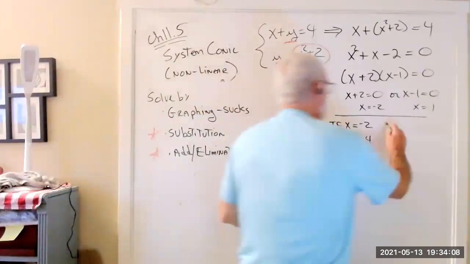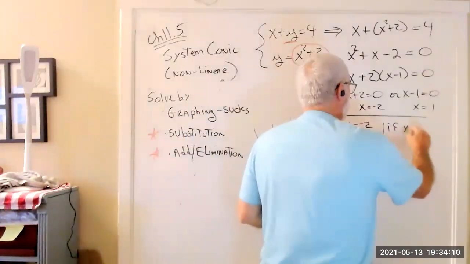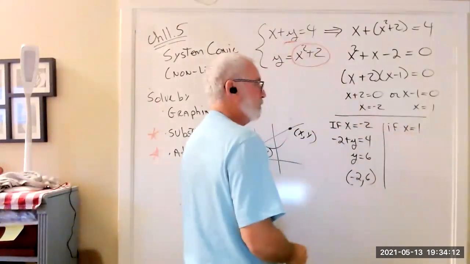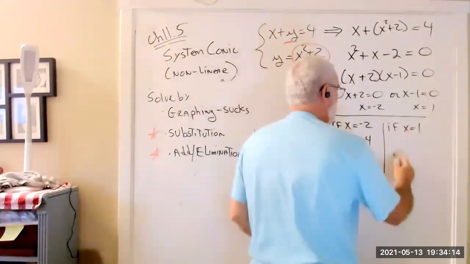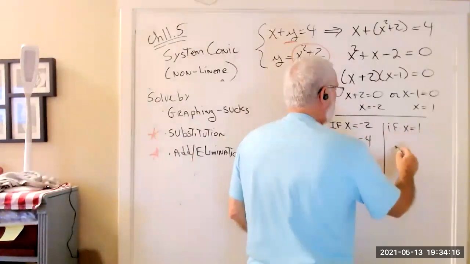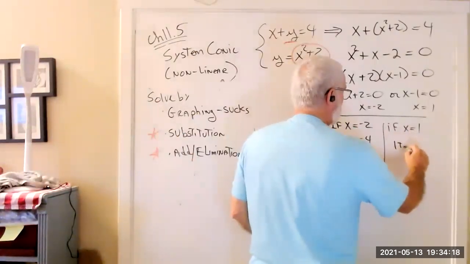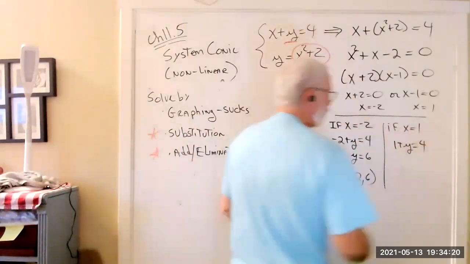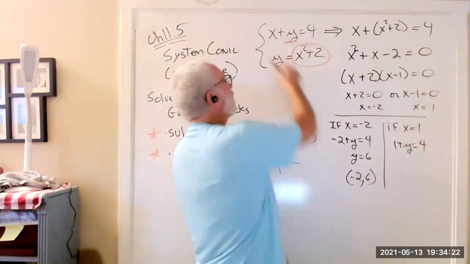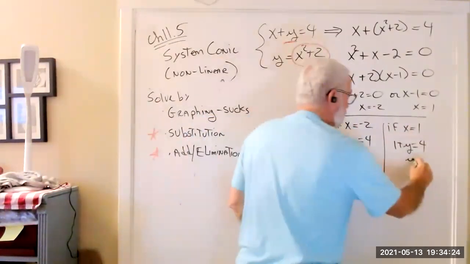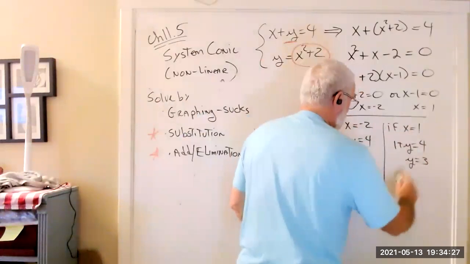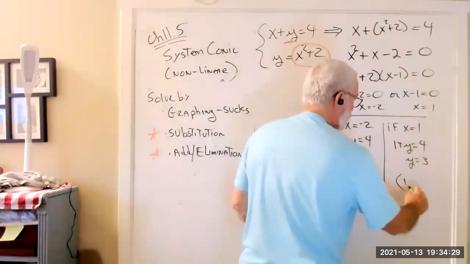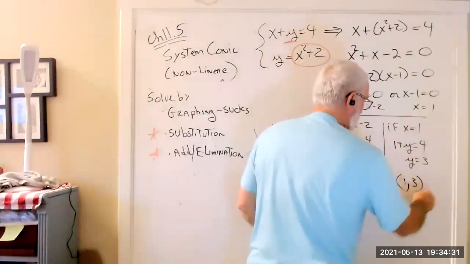But what if X equals 1? Well, plug it back in again. If X is 1, then I have 1 plus Y equals 4. I plugged it into that one. So that means Y is 3. So this is the other point of intersection, which is 1 comma 3.